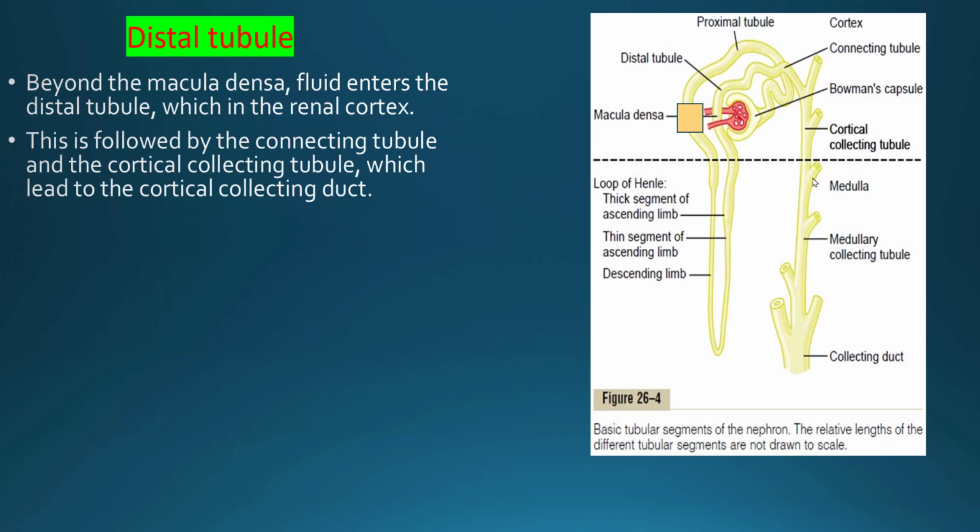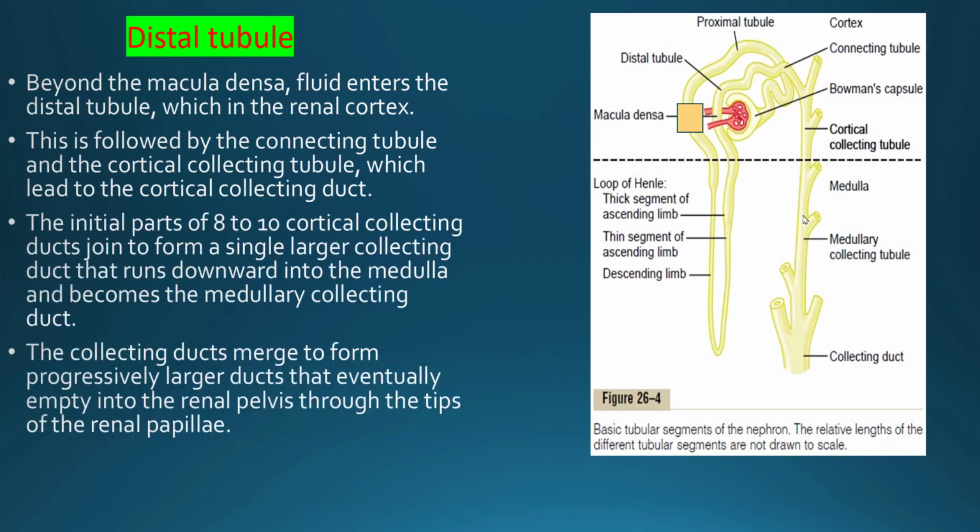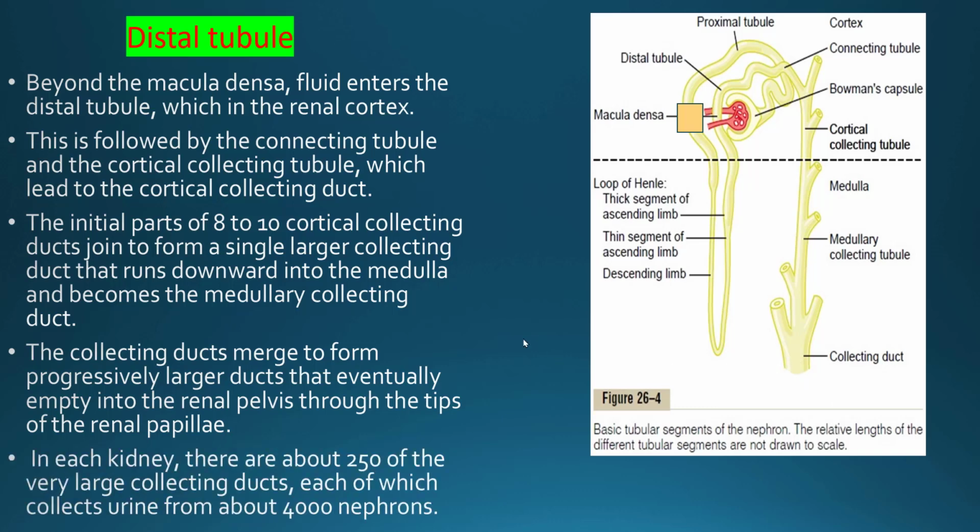The initial part of 8 to 10 cortical collecting ducts join to form a single large collecting duct that runs downward into the medulla and becomes the medullary collecting duct. When in the cortex, 8 to 10 collecting ducts join with each other, they make a collecting duct which runs into the medulla and becomes the medullary collecting duct.